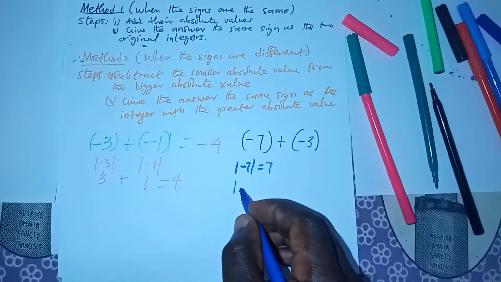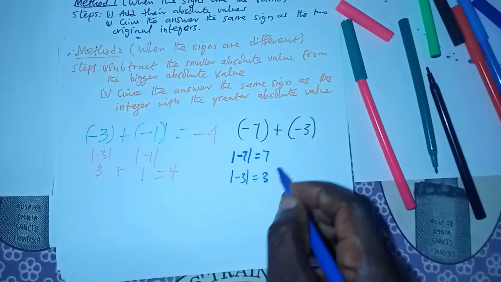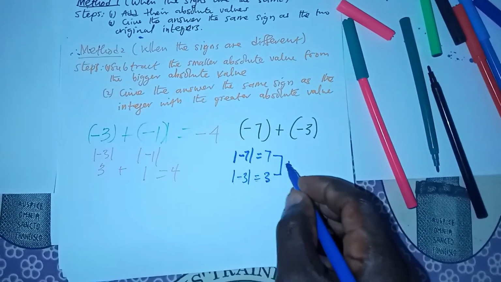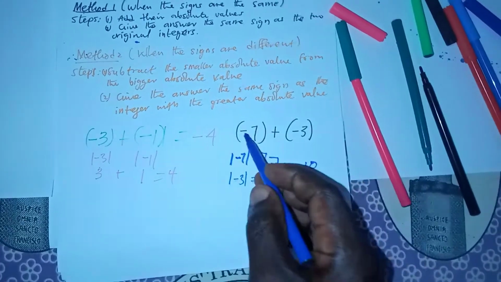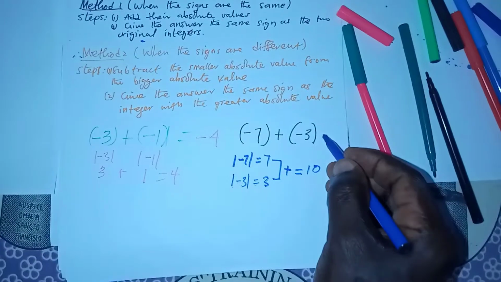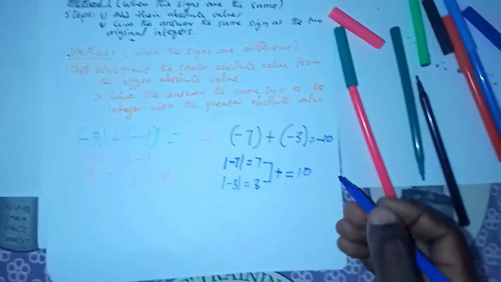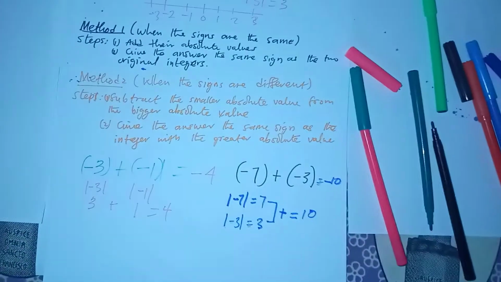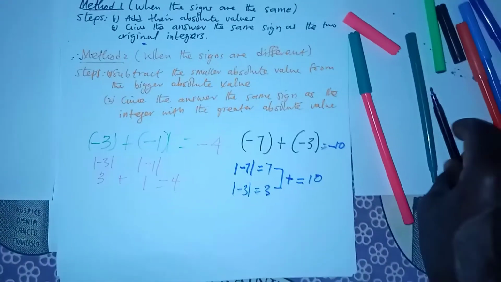What is the absolute value of -3? That will also give us 3. So when we add these two, we get what? 10. What is the sign of the original two numbers? Negative. So the answer becomes -10. That is adding integers which have the same sign.